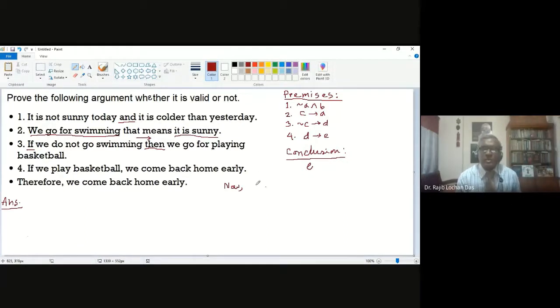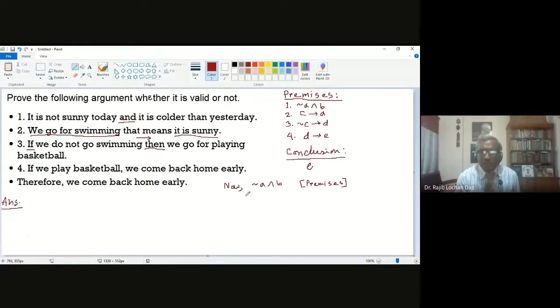The first one is not A and B. So this is already from the premises. I am just writing this from premises. We have got this. This is the first thing we are taking.